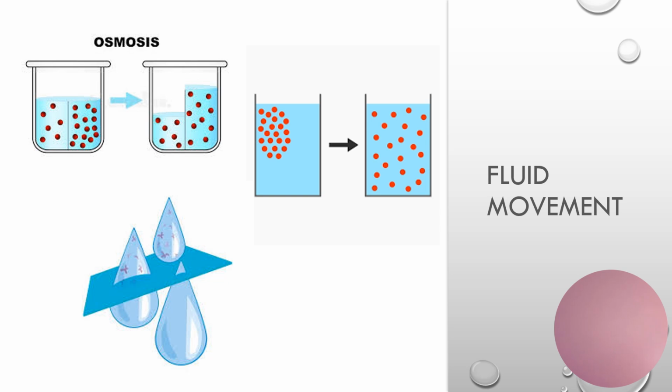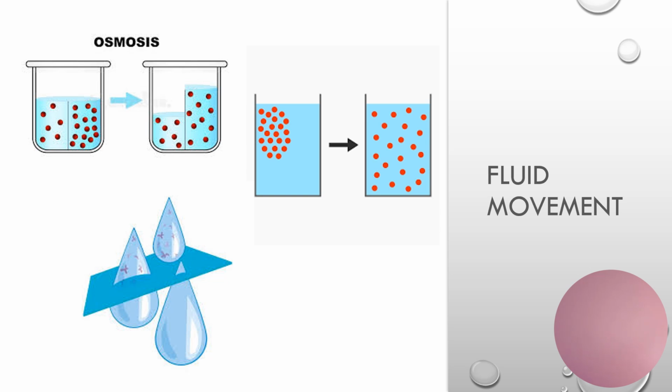Now, fluid movement is accomplished through three different processes. First of all, we have osmosis, which is the movement of water across a cell membrane from a less concentrated solution to a more concentrated solution. Basically, it is going to help distribute water between extracellular compartments and the cells.